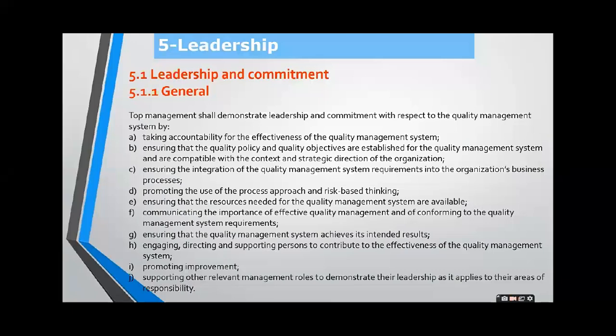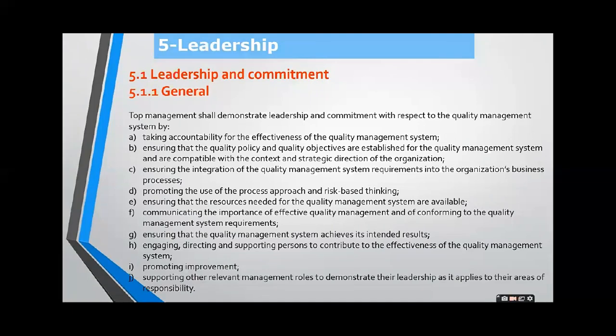Establishing the quality policy and objectives: the top management must ensure that the quality policy and objectives are established, aligned with the organizational context and its strategic direction.